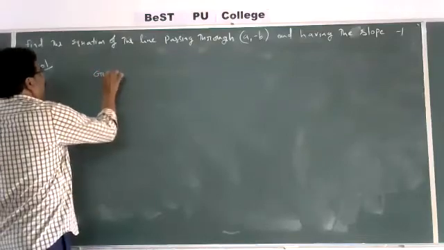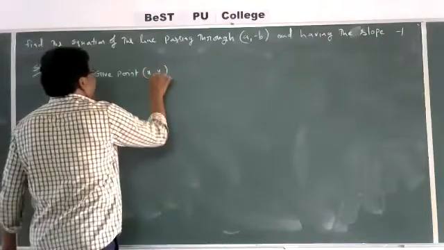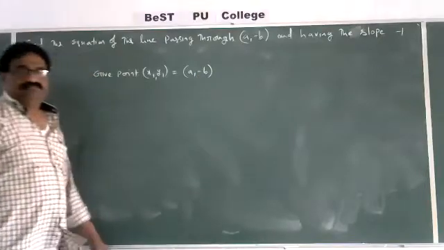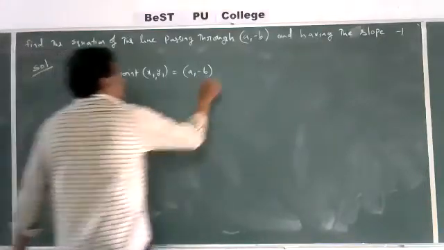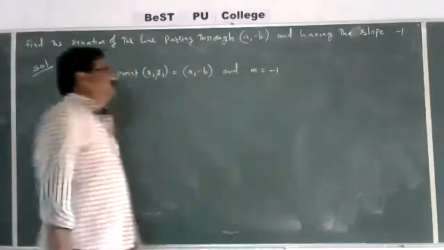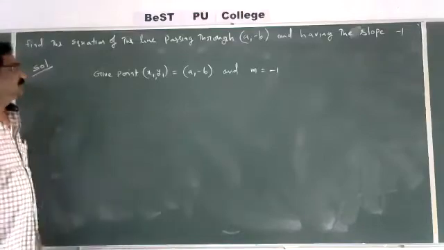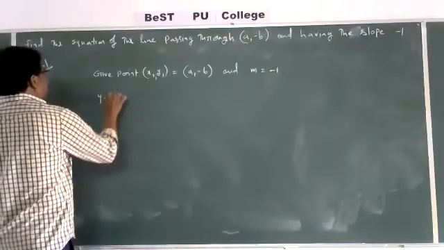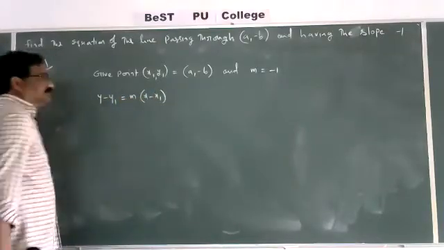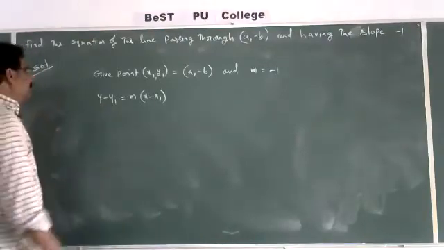First write the given point: x1, y1 is equal to (a, -b), and slope m is equal to -1. Then the formula is y minus y1 is equal to m into (x minus x1).